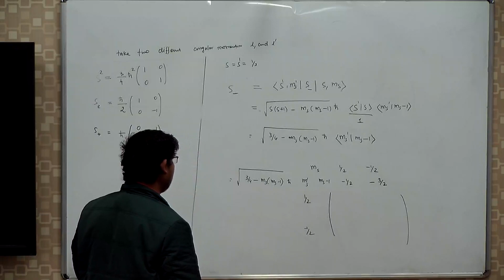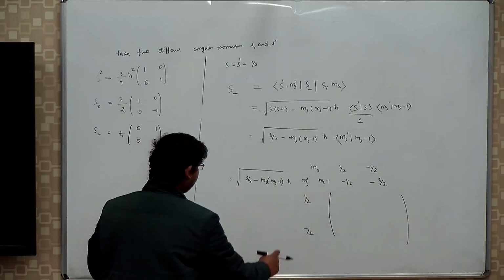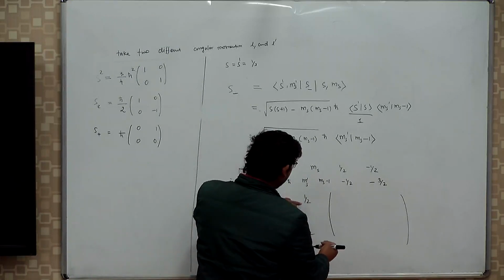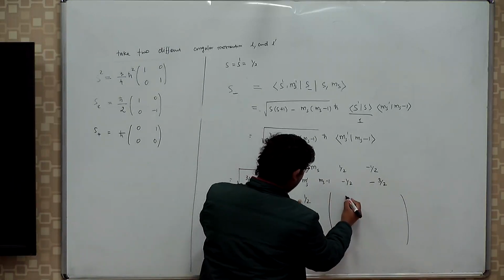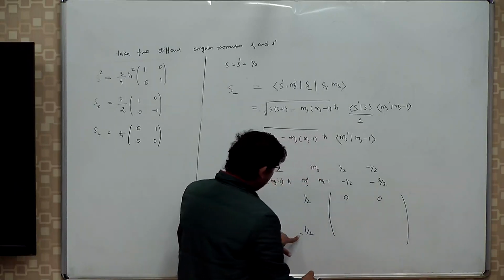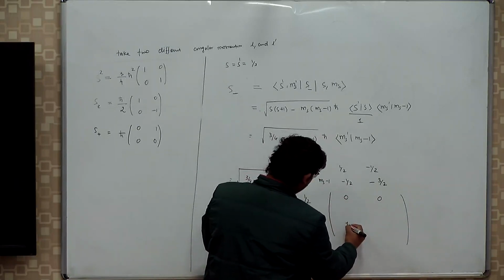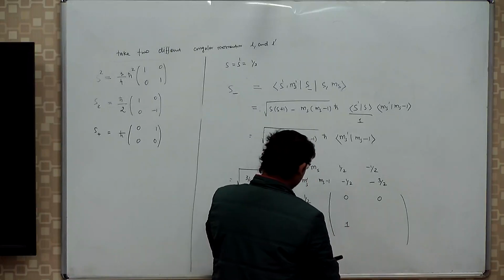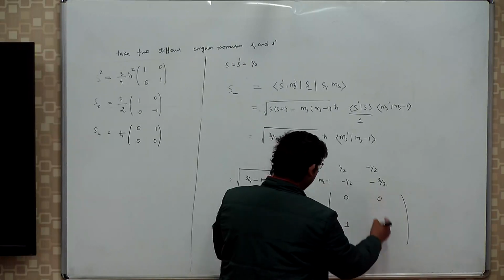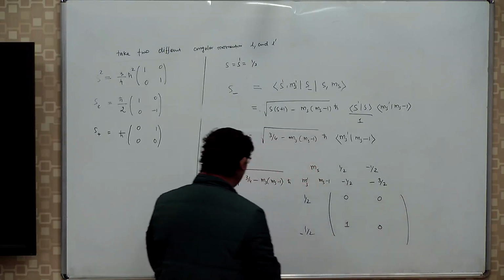Coming to this entry, the inner product between 1 by 2 and minus 1 by 2 will be 0, 1 by 2 and minus 3 by 2 will be 0, minus 1 by 2 and minus 1 by 2 is a valid entry, and here minus 1 by 2 and minus 3 by 2 will be 0.